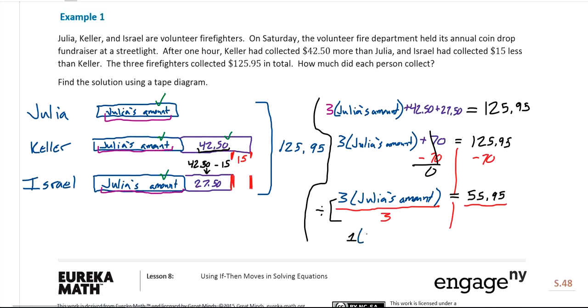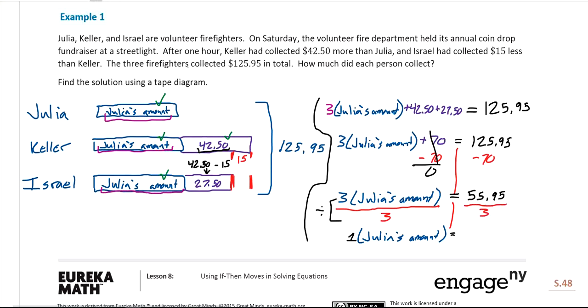We would have 1 times Julia's amount, and 1 times Julia's amount still equals $55.95. Or wait, no, I'm sorry, it does not, because we have to make sure we divide the other side by 3.